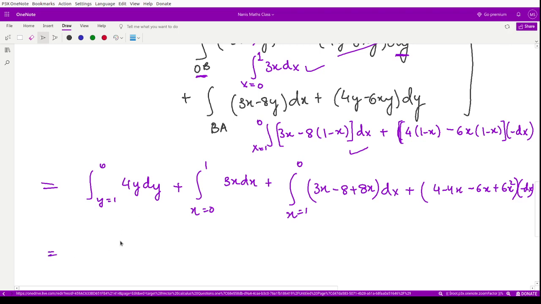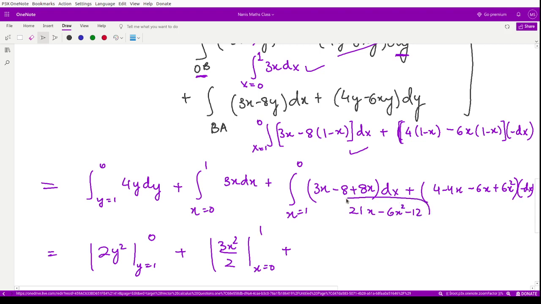It would be 2y square with the limits of y varying from 1 to 0, plus 3x square by 2 with the limits of x varying from 0 to 1, plus this term, which when you simplify would be 21x minus 6x square minus 12. You may check that. Performing the integration of this one, you have 21x square by 2 minus 2x cube minus 12x, and the limits of x are here from 1 to 0.